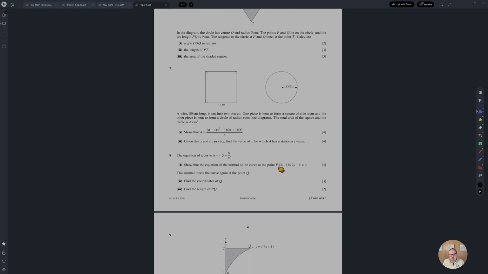Substitute x by 2 on that expression to get the gradient of the tangent. Do minus 1 over that answer to get the gradient of the normal. And use point P (2, 1) to get the y-intercept of that line. And that's your final answer.